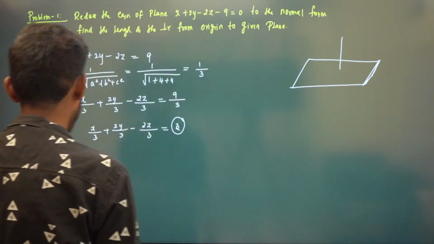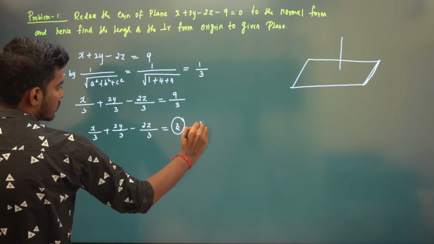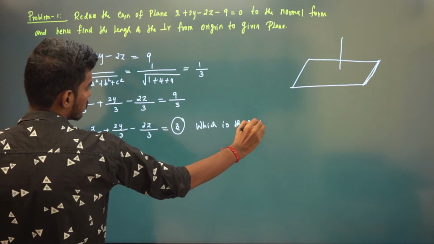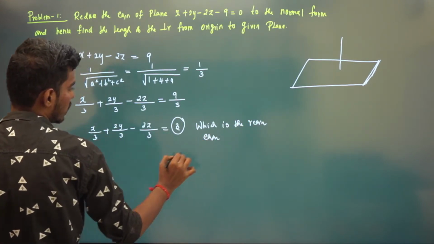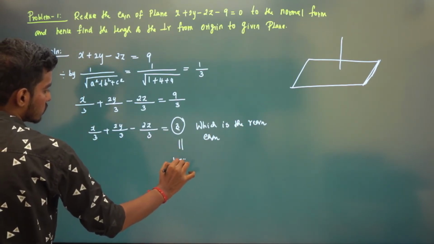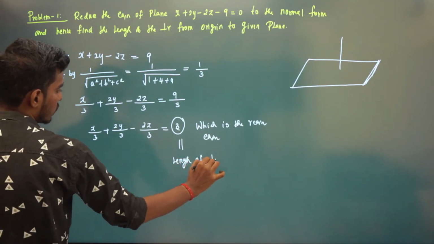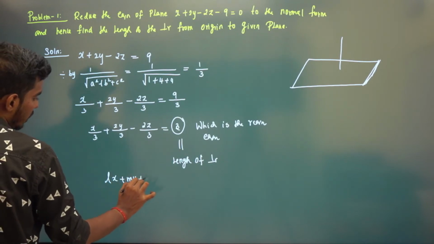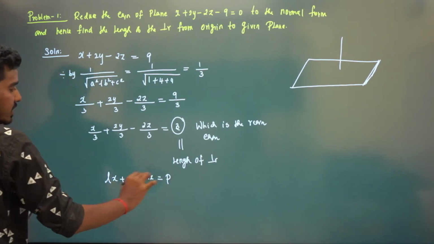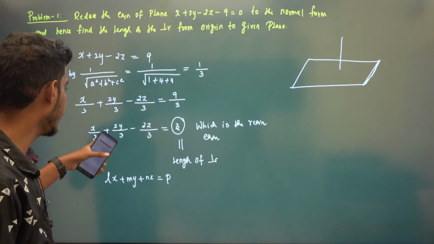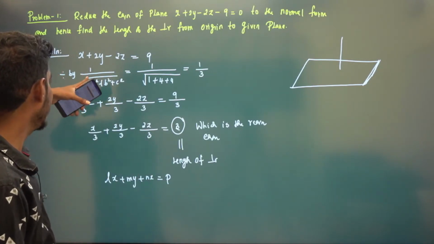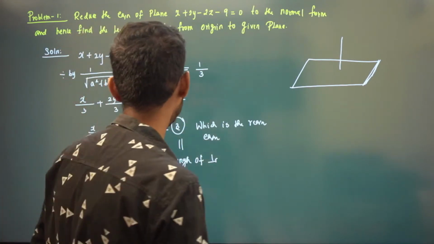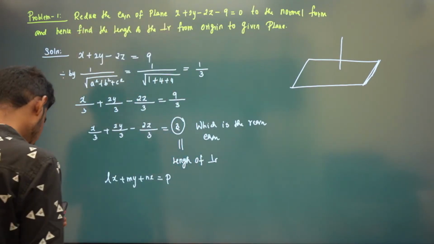L, M, N are direction cosines, so we are dividing by the magnitude so that they become direction cosines. Very simple problem. So we'll move on to the next problem.